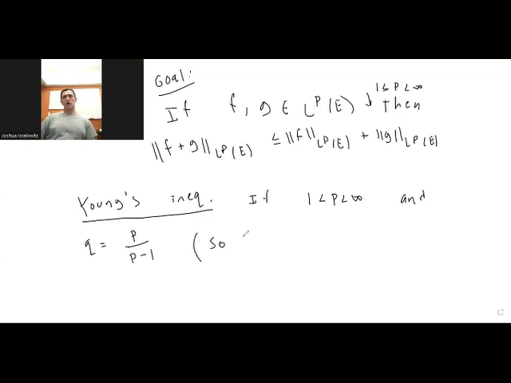One of the key properties, and actually it's equivalent to q being p over p minus 1, is that 1 over p plus 1 over q is 1 over p plus p minus 1 over p. Well, that's just p over p, which is 1.